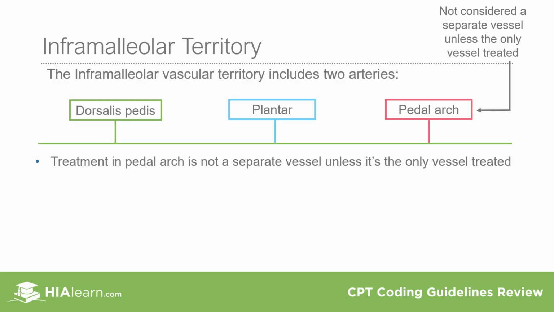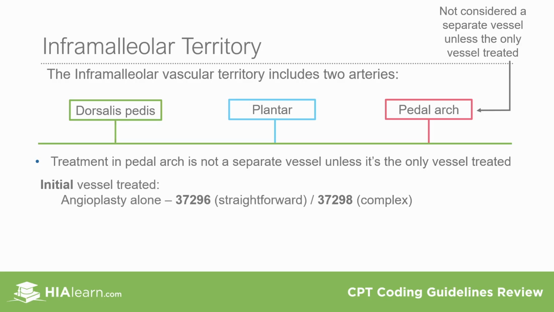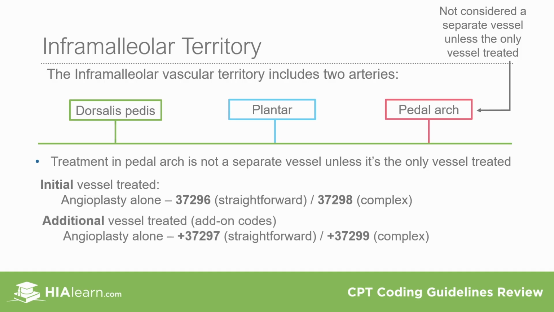To report angioplasty alone in an initial vessel in the inframalleolar territory, assign codes 37296 for treatment of straightforward lesions or 37298 for treatment of complex lesions. Angioplasty alone in additional vessels in the same leg are reported with add-on codes.